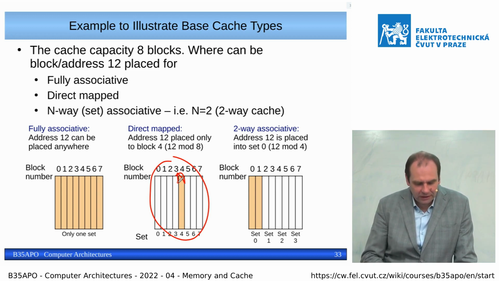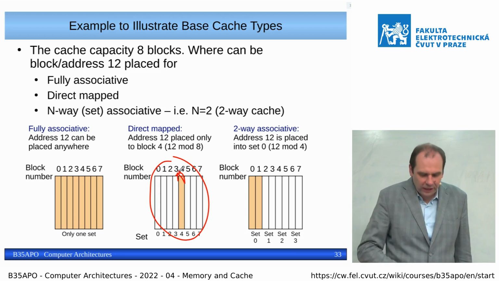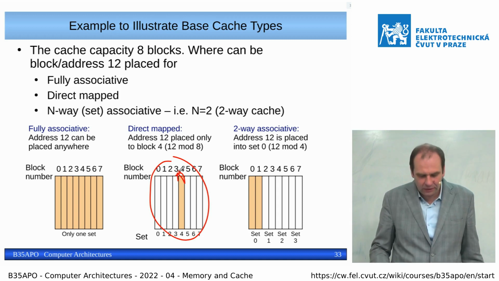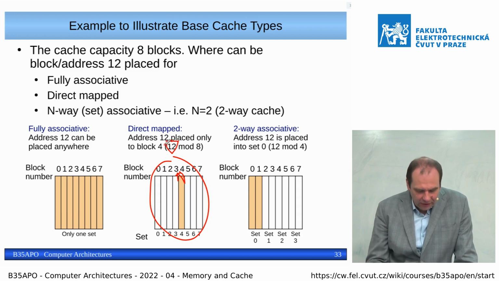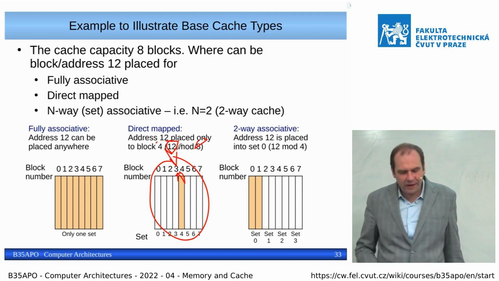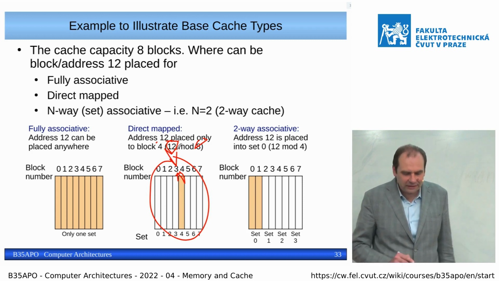So basically, the data address specifies to which block we can store the data, and we cannot store data from a given address to any other location. For example, if we have address 12 and we have 8 locations, we divide address 12 by 8 and we get a remainder of 4, and it is the only location where we can store the given address. But this doesn't work as well.